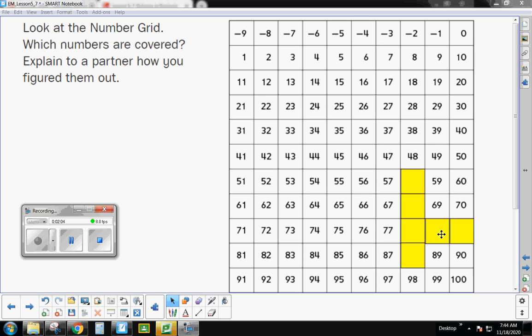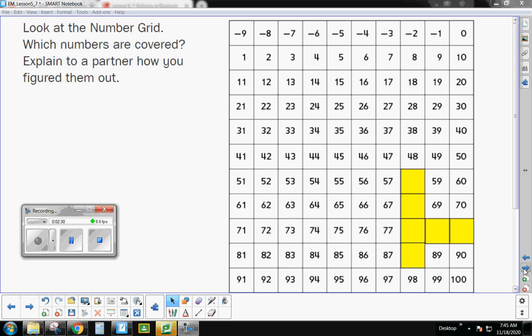And as I come over here, the missing number would be 69. Coming down one would be 79. And over here, 70, going down one will be 80. So understanding that the number grid is set up so that as you move down the number grid, it is skip counting by 10.